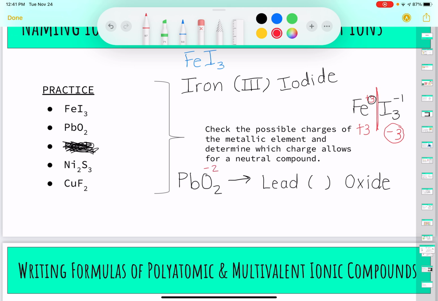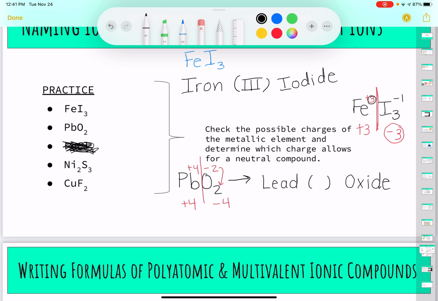If oxygen has a -2, I always like to draw that line between them. This 2 multiplied by that will give us -4. So if that whole side is -4, this whole side has to be +4. There's only one lead, so we don't have to split that +4 between anything. That means the charge is +4 on lead.